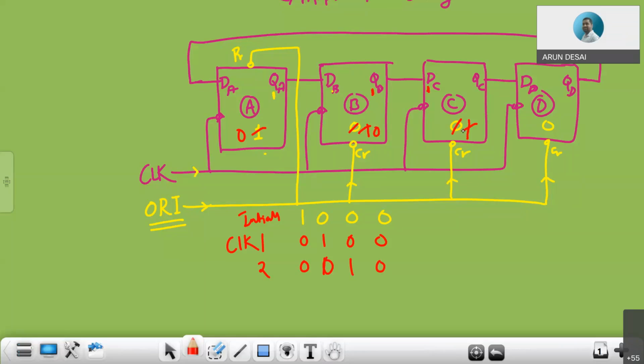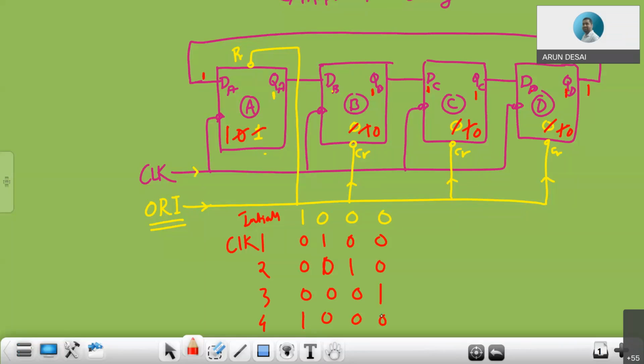Again, this 1 is passed as input, this 0 becomes 1, this 1 becomes 0 for the third clock pulse. Again, this is 1, so it is passed on, the clock signal is applied, this is toggled, and this 1 is applied again as data input here, and this 0 becomes 1. So at the 4th clock pulse, it is 1, 0, 0, 0 again.